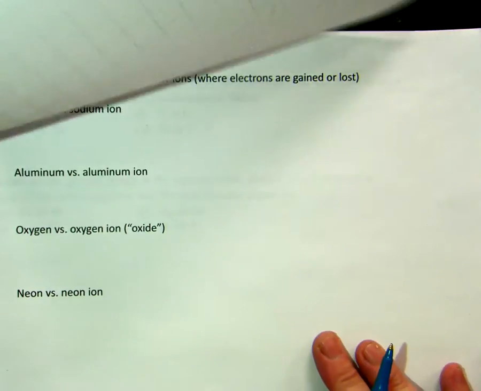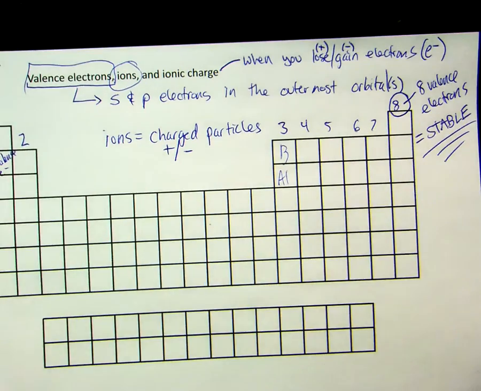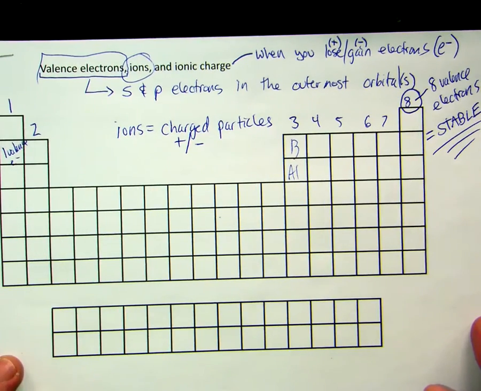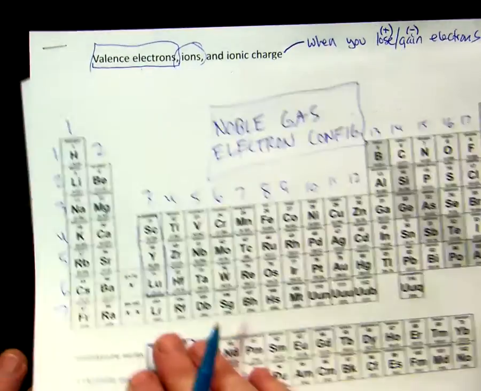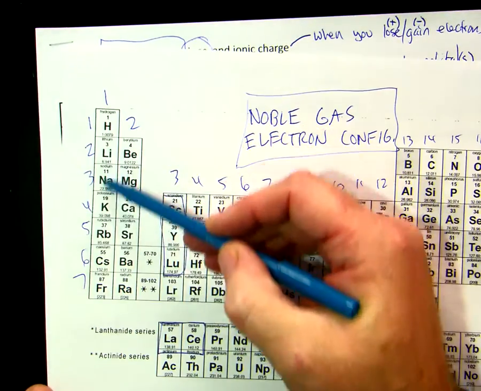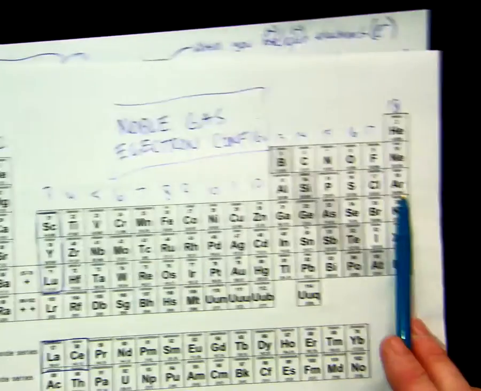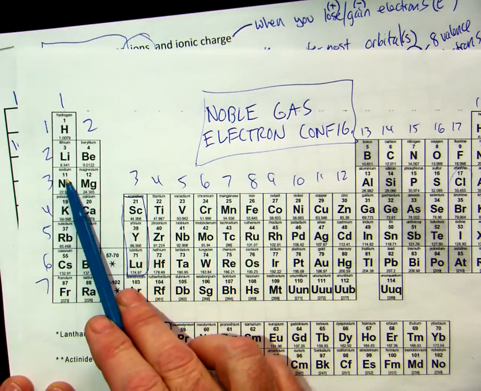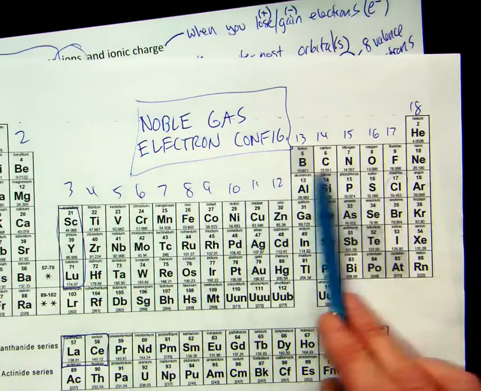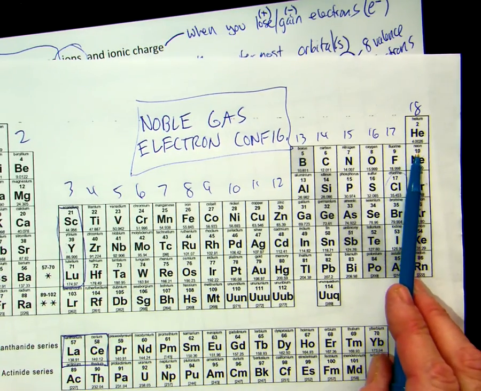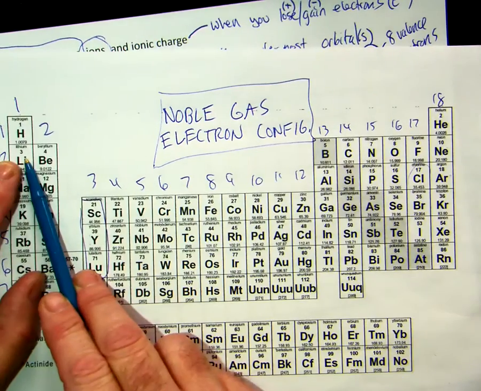Okay. So the idea is that every single element in this column is going to want to lose 1 electron to be just like the noble gases over here. So sodium has 11 electrons. It would rather have 10 electrons, so it loses 1. Lithium has 3 electrons.